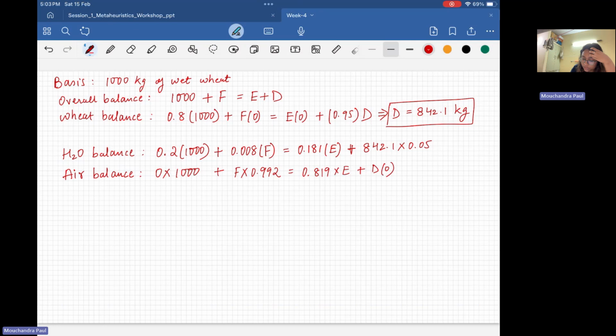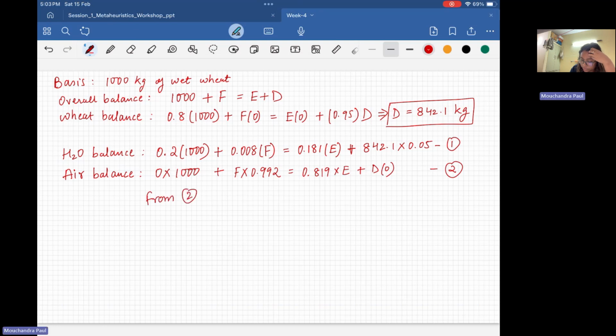So we have two equations and two unknowns, F and E. So let me write them as 1 and 2 for clarity.